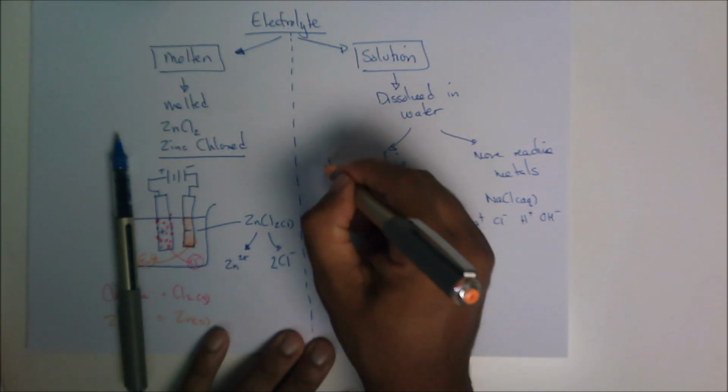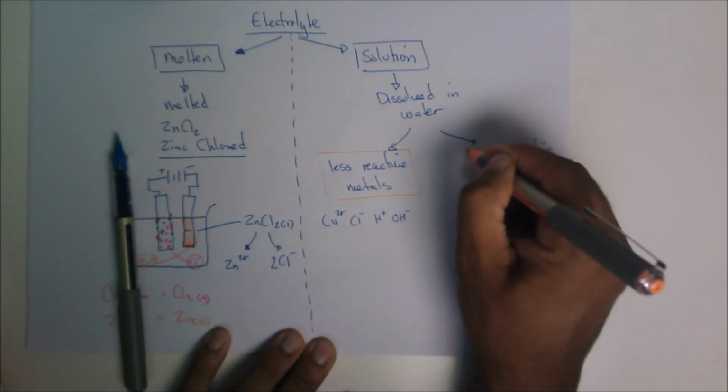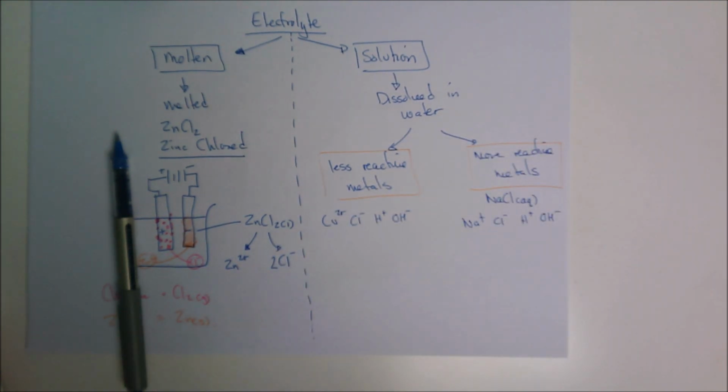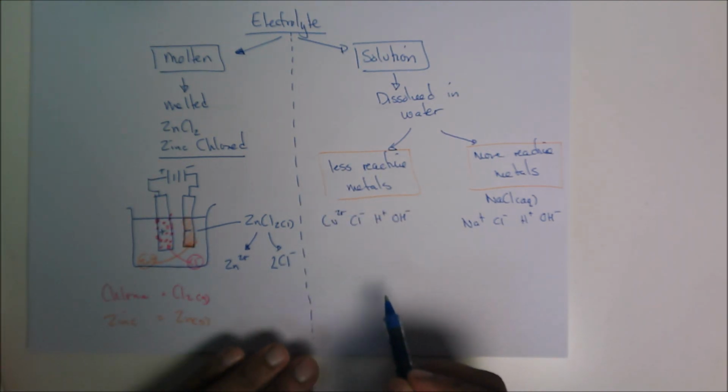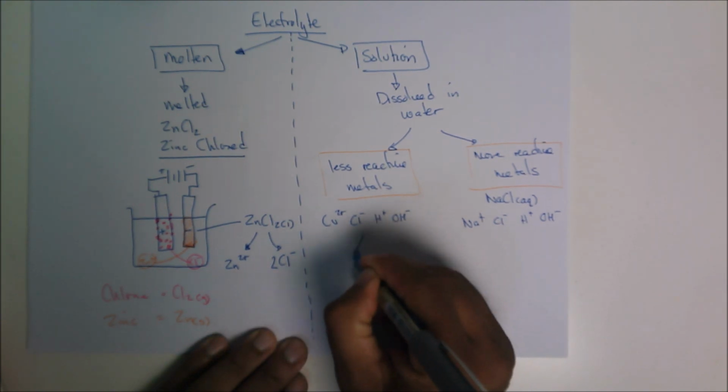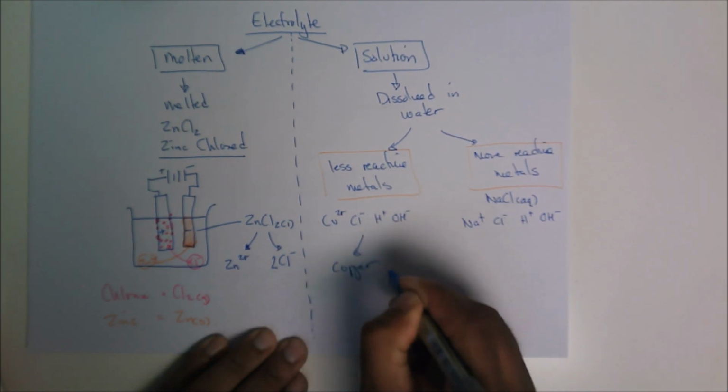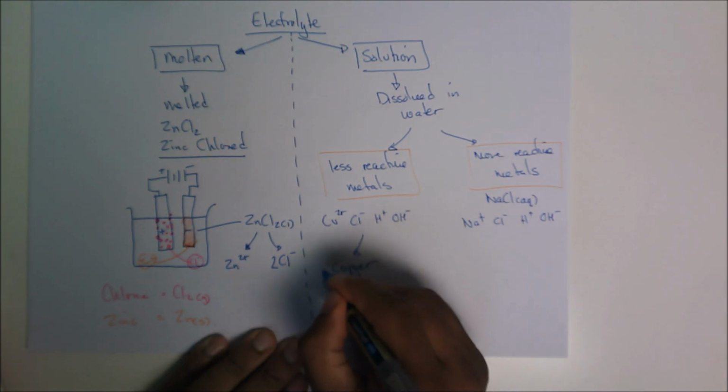So the type of metal we are electrolyzing will determine what products you make from the electrolysis. With the less reactive metal, you'll get copper being made and chlorine.